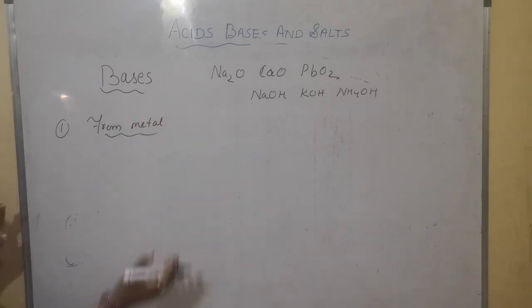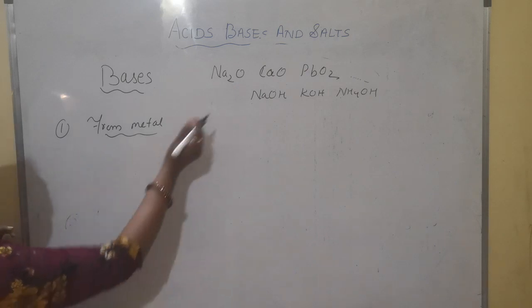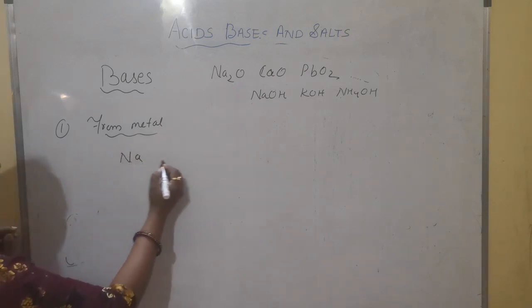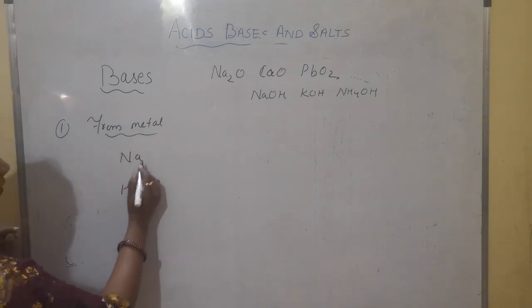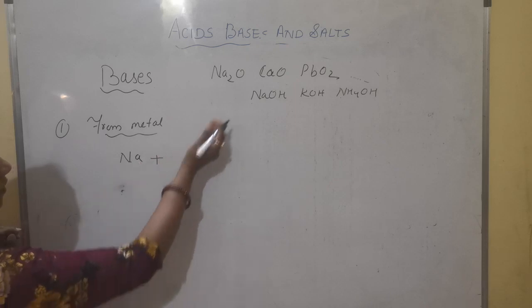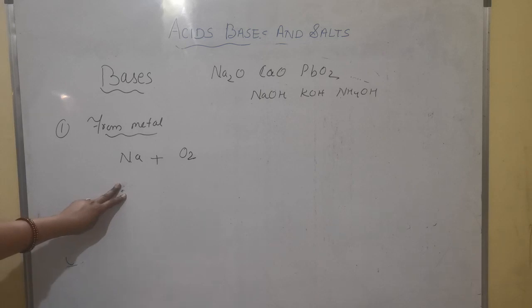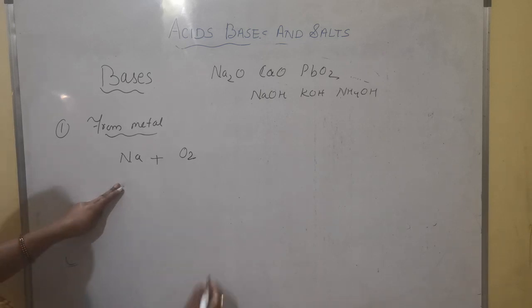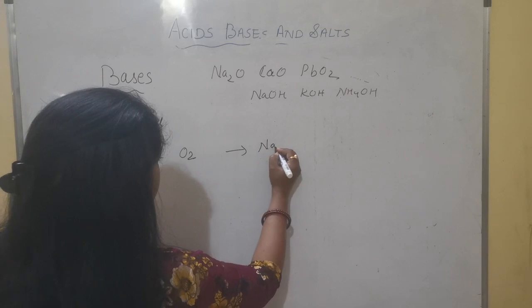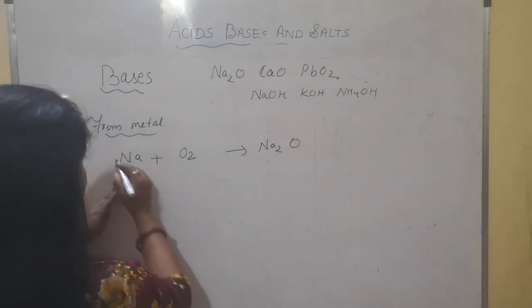So the first method is to make metal oxide. To make metal oxide, we have to take a metal and just react it with oxygen. So you will get metal oxide.